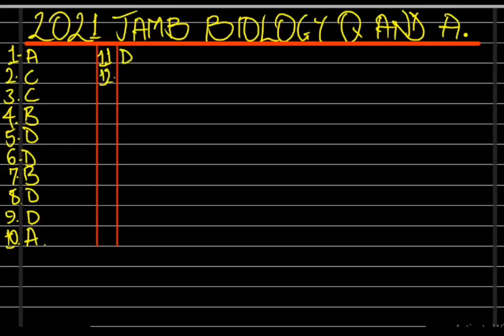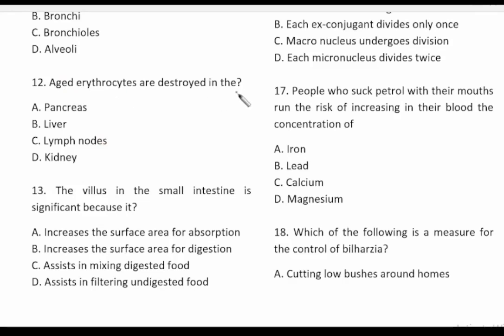So question 12. Aged erythrocytes are destroyed in the pancreas, liver, lymph nodes, kidney. We have aged erythrocytes, which are the red blood cells. They have a lifespan, and so they usually live for 3 to 4 months, and at the expiration of their lifespan, they are actually denatured.